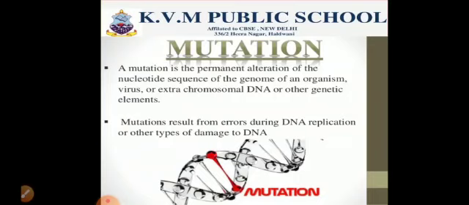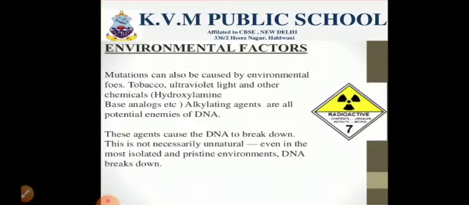The agents which cause mutations are referred to as mutagens. Mutagens could be environmental factors or agents like tobacco, ultraviolet light, chemicals, acridine dyes, and alkylating agents. These agents can cause the DNA to break down.